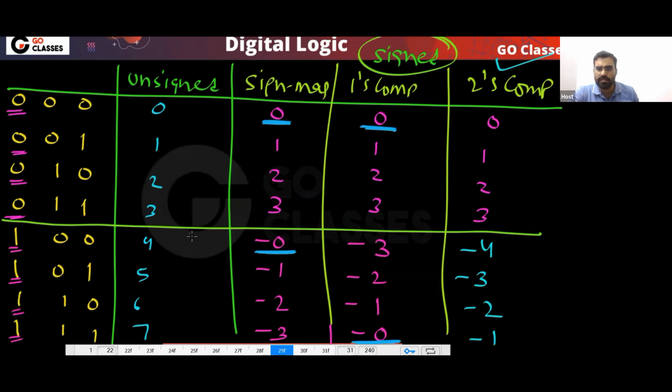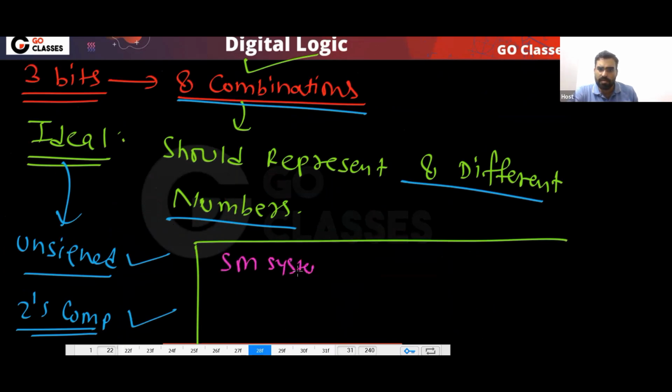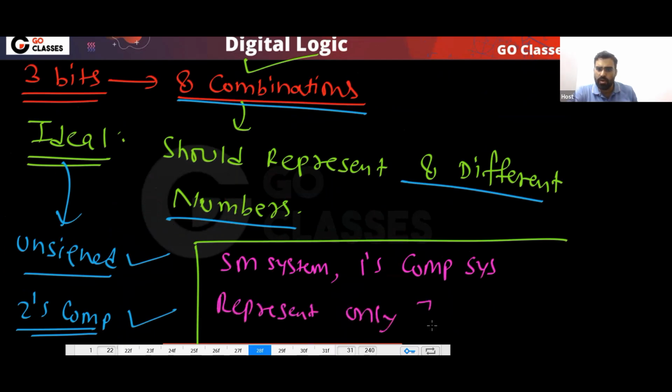So you can notice that this sign magnitude and this 1's complement system represent only 7 different numbers.